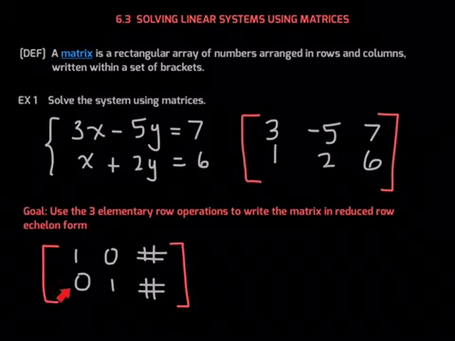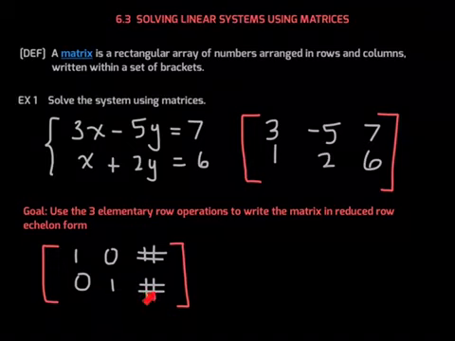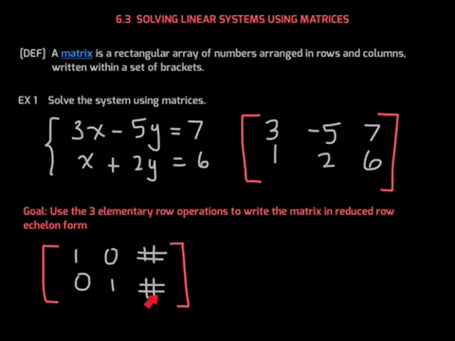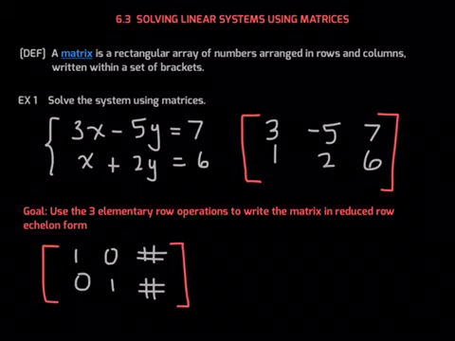The second row starts with a 0 and then a 1 in the second row, second column entry, followed by any number. I always tell my students that reduced row echelon form has 1s along the main diagonal, so 1s here and then 0s in the opposing entries. This ordered pair will end up being the point of intersection. That is to say, this number, comma, this one will end up being your solution.